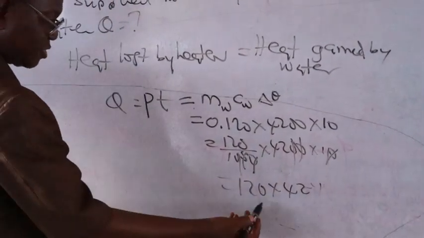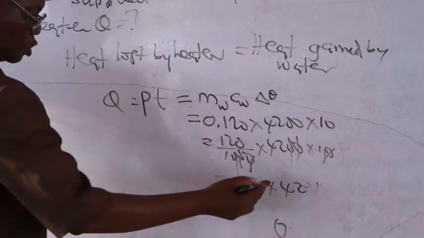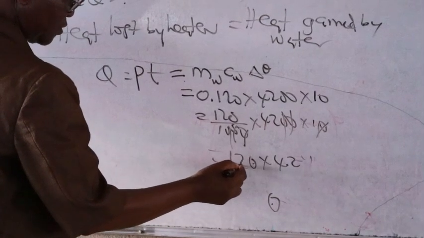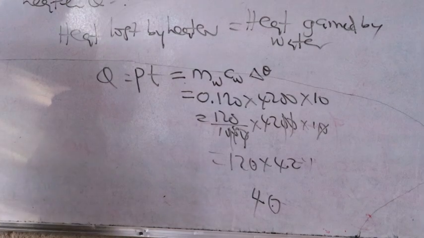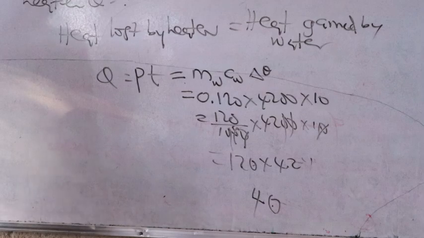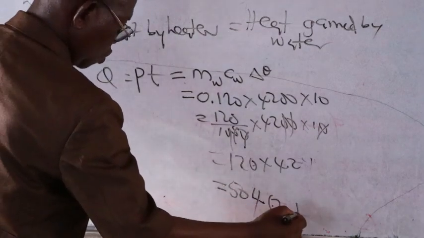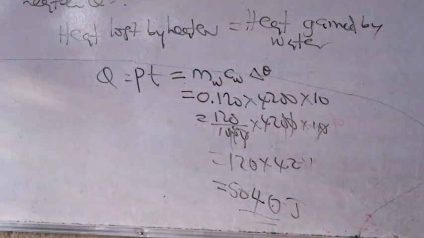Now you can start by saying 42 times 0 is 0. 42 times 0 is 0. 42 times 2 is 84. You write 4, remainder 8. 42 times 1 is 42. You add 8 to that, that gives you 50. This is 5040 joules. That will be the quantity of heat lost by the heater.